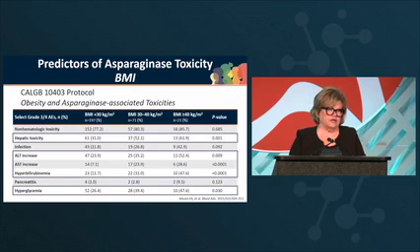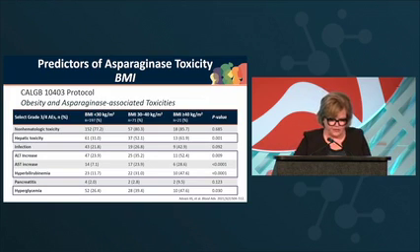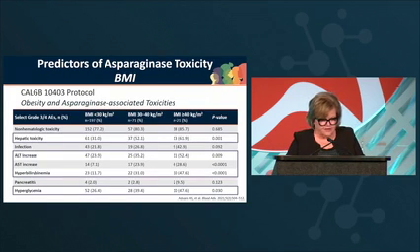And another thing we know through the trajectory of our ALL patients is that their BMI is also a predictor of a lot of outcomes, particularly even late outcomes. But here you can see that patients that have a higher BMI are more likely to have hepatic toxicity, and this may be related to the fact that they're more likely to have a fatty liver, and they're more likely to have their hepatic enzymes go up and have higher bilirubin levels as well.